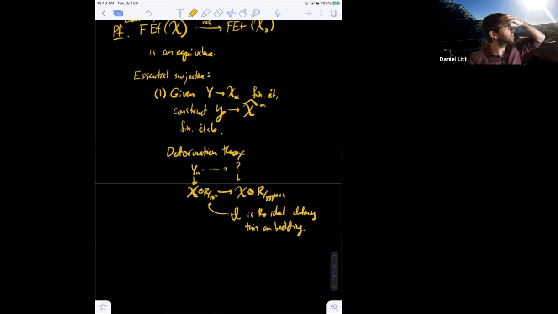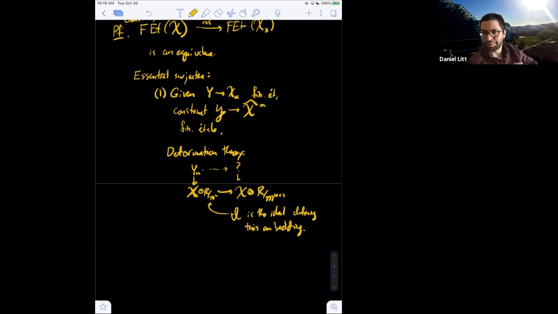It's sort of an infinitesimal thickening. So you have your central fiber, you thicken it infinitesimally, and if you have a cover of the central fiber, you're trying to lift it to that infinitesimal thickening. But it really is an infinitesimal object. It's not something you can see pictorially, really.